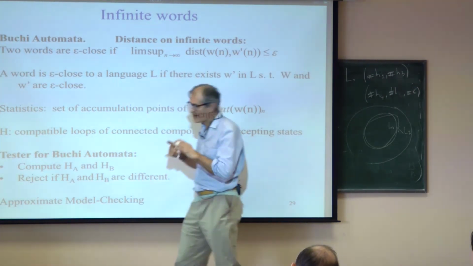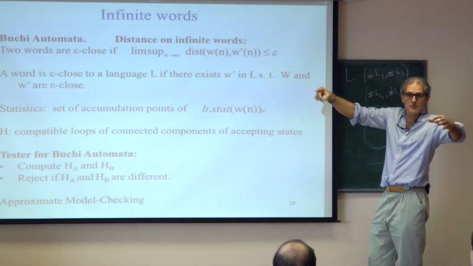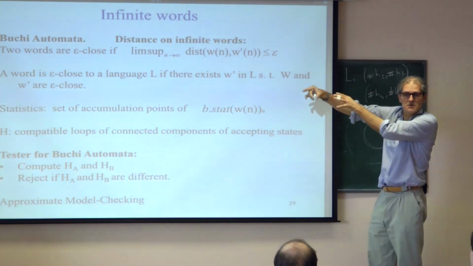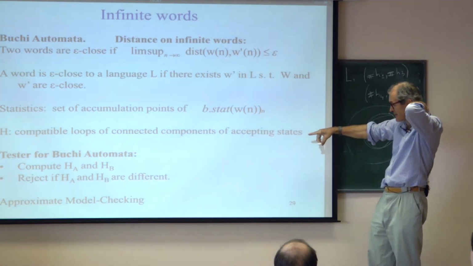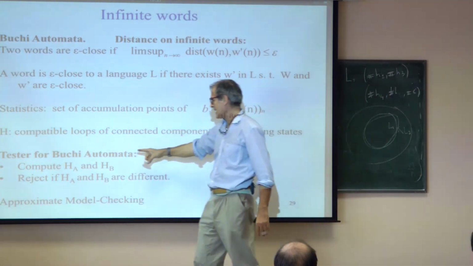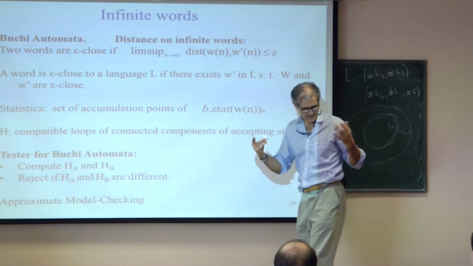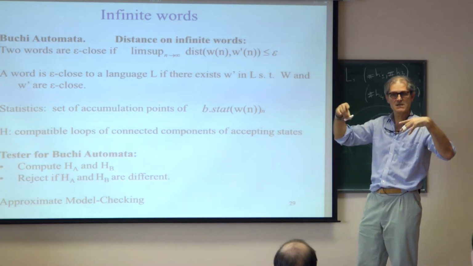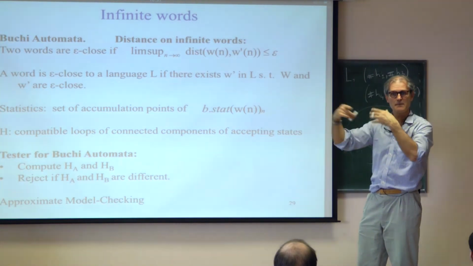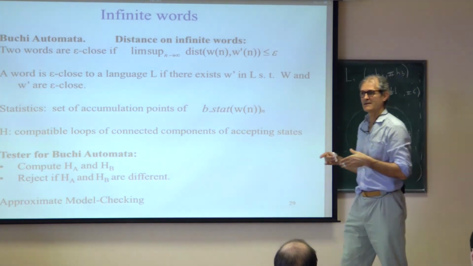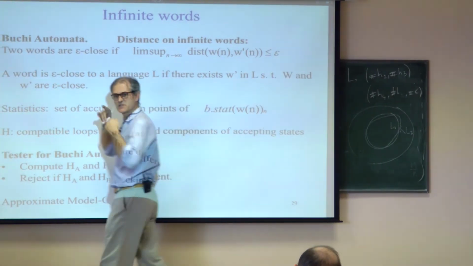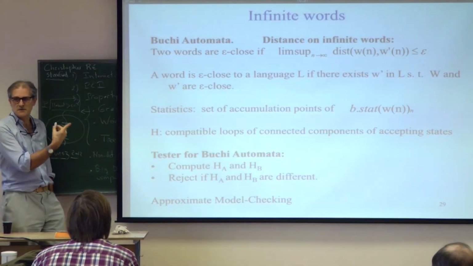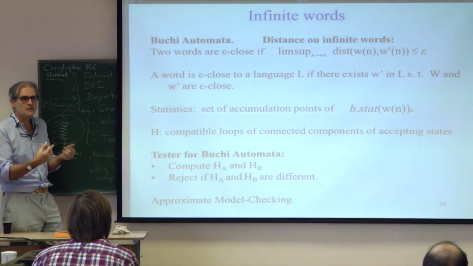Think of infinite words as the limit of big words as n goes to infinity. So this process is extremely continuous, therefore you should observe exactly the same thing, and if you have, for example, inputs that do not satisfy the condition, then you will find them with extremely high probability. So if you push this to the area of model checking, it gives you approximate model checkers, because of course there will be approximation all the time.